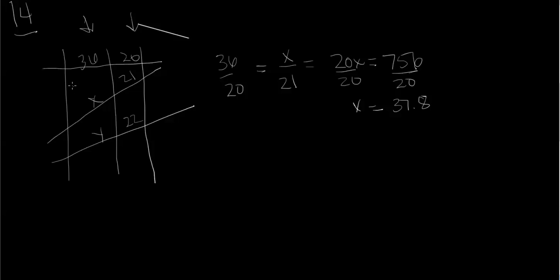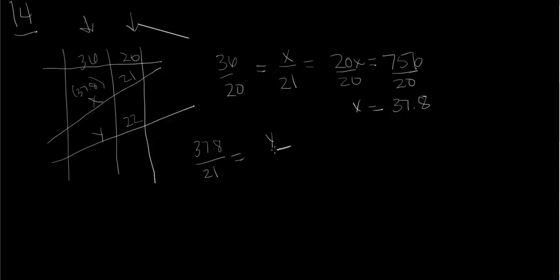Now, I kind of have a choice here and I kind of don't. I could say, now that I know this spot is 37.8 and the right side of that one is 21, I could compare that to y over 22.